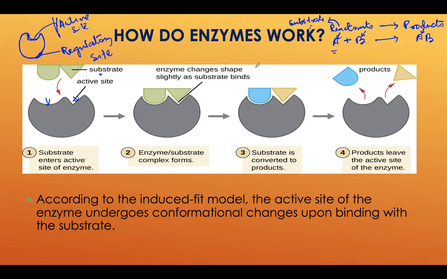It will take time for the reactants to come closer and make products. But if you add enzyme, it has attraction, so it attracts all the reactants into its active site. So, it saves time.